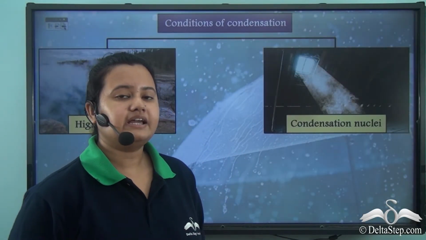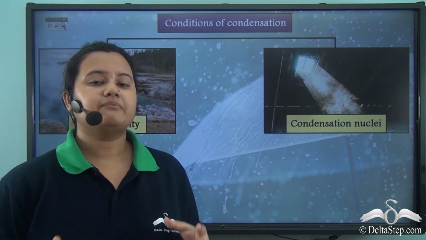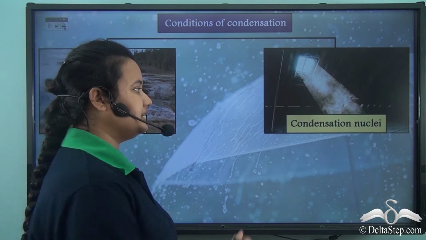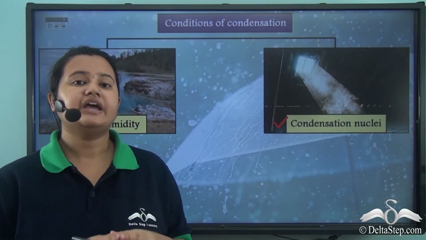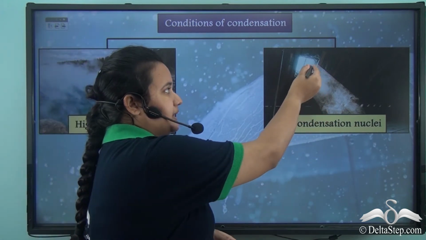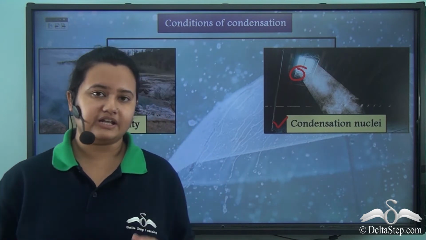Now, the second condition for condensation to occur is there must be presence of condensation nuclei. Now, condensation nuclei refers to the dust particles or even smoke that is present in nature.